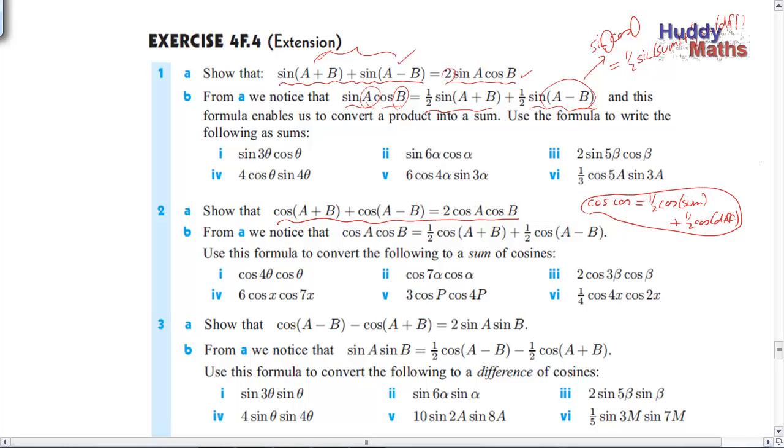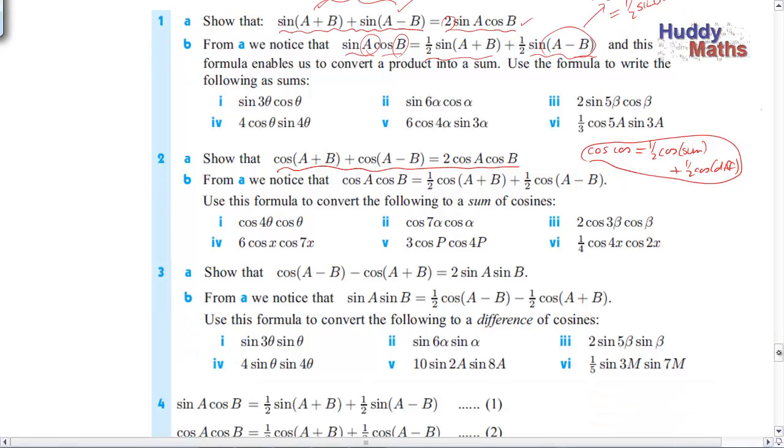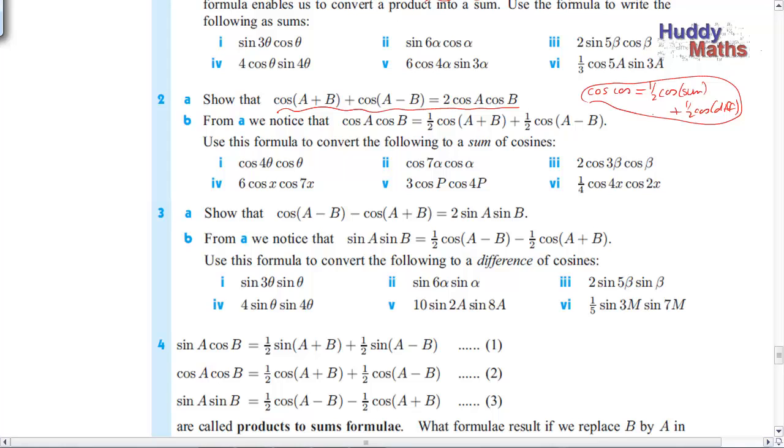And then what about the difference formula? So these are expressing a product as a sum of coses. What about this one here, difference of coses? What do you got? Well, here's the result.